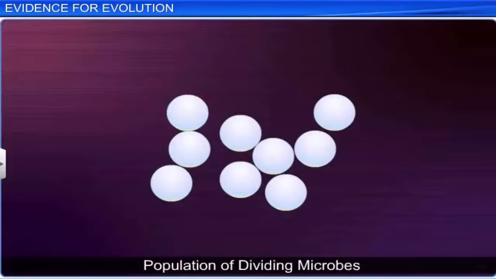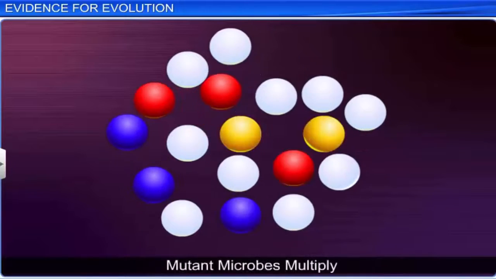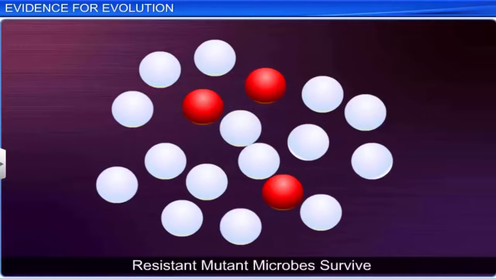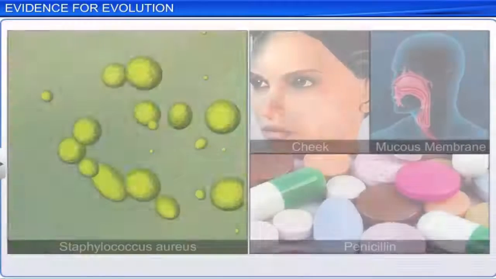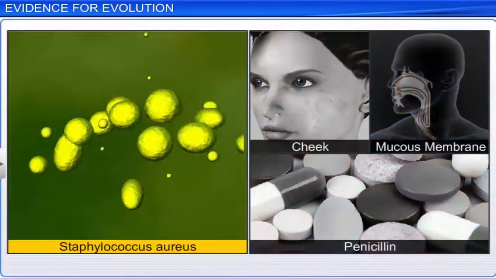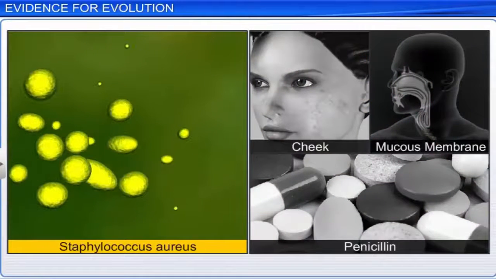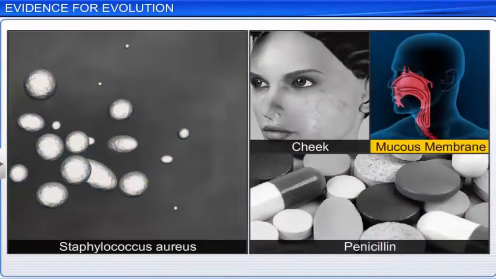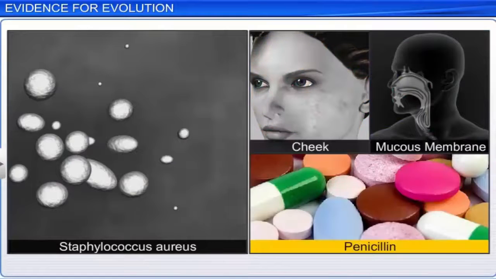Similarly, resistant microbes also emerge when we use antibiotics and drugs. For example, Staphylococcus aureus is a resistant pathogen. Found on the mucous membranes and the human skin in around 1/3 of the population, it is extremely adaptable to the antibiotic penicillin.